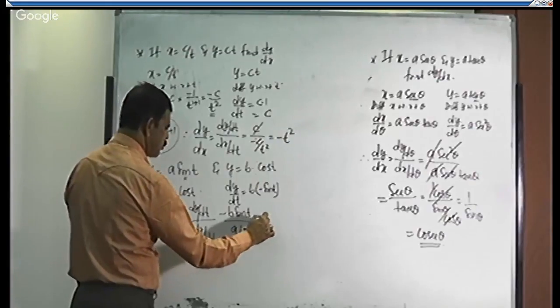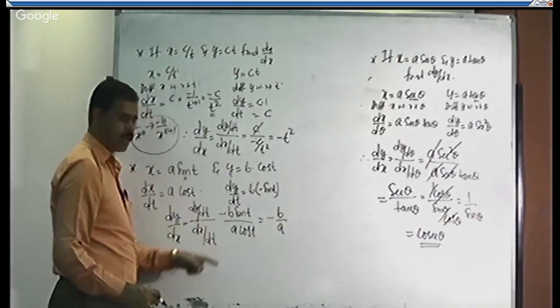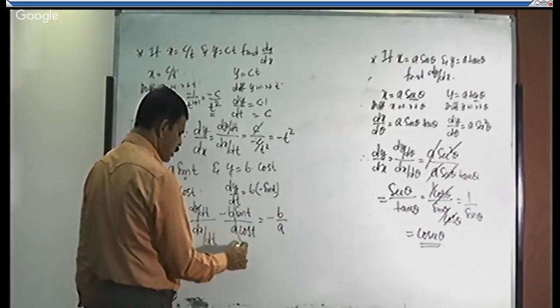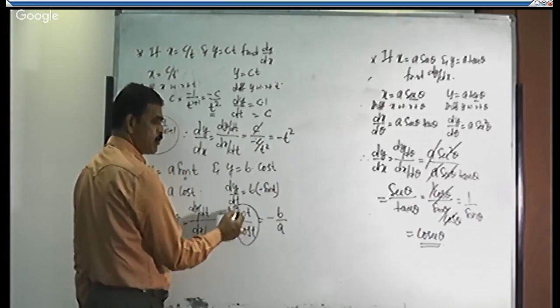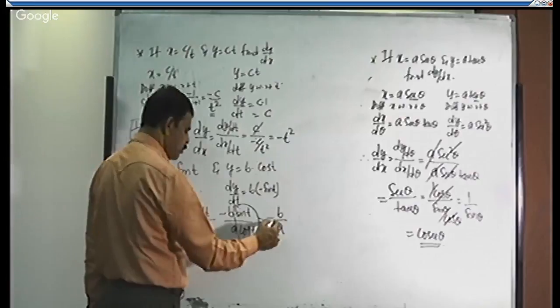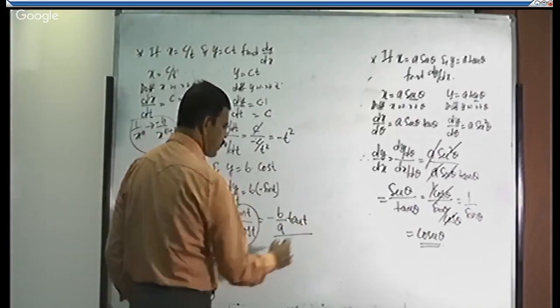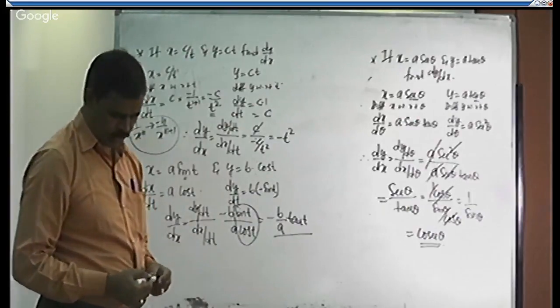It is equal to minus b divided by a. They are constants, they will not be cancelled. You can write the simplified form. Sin theta by cos theta is tan theta. Therefore, sin t by cos t is tan t.